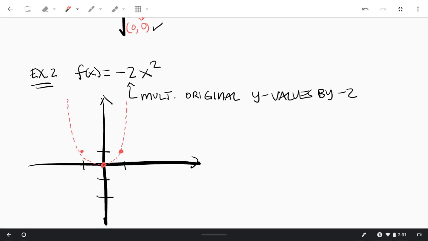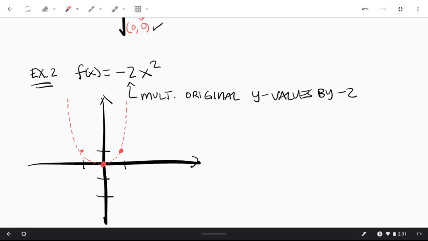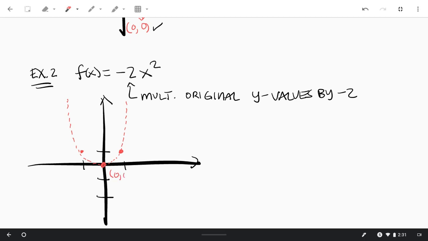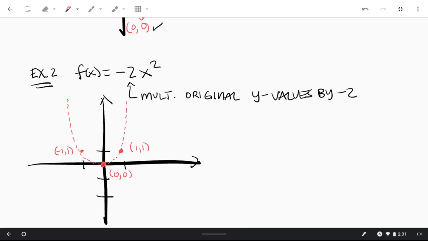Okay, so we have that. And we are going to multiply the original y values. Again, 0, 0 here, 1, 1 here, -1, 1 here. Okay, so I'm going to multiply all of the original y values by -2, and that will give me my new points.